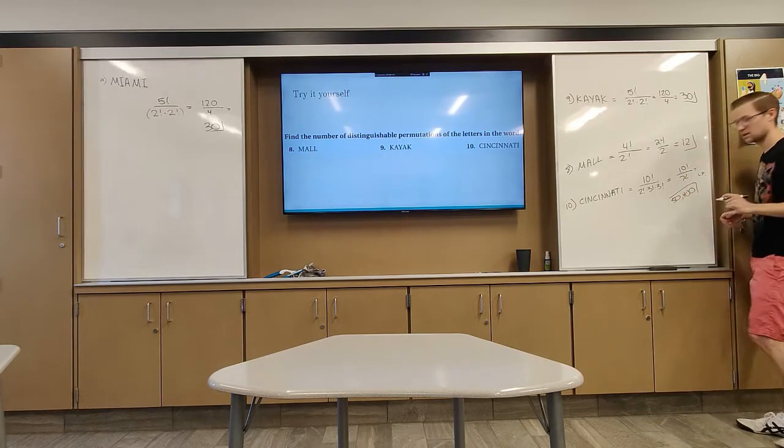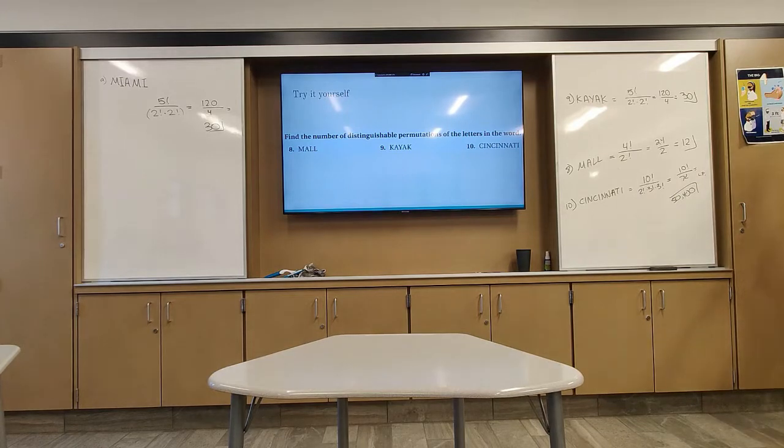Yeah, give me. What am I doing wrong? What number did you get? Did you get a really big number? 3,600,000. So maybe the issue was that you didn't do the factorials.